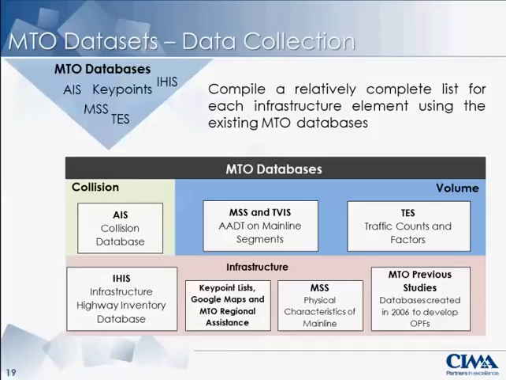And then traffic volume is another story. All jurisdictions lack information about traffic volume because it's expensive to collect, and they need to have a good program in place to collect it. MTO has a program to collect volume data from their networks.